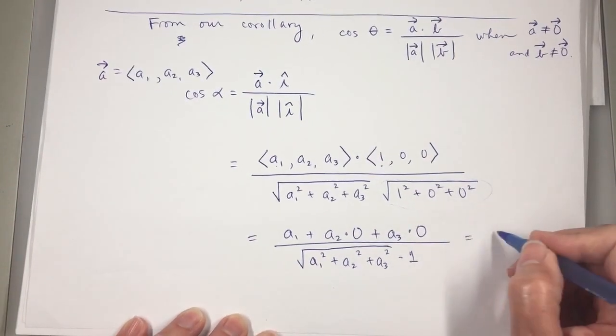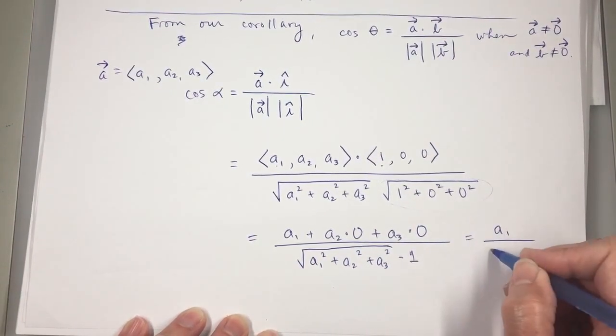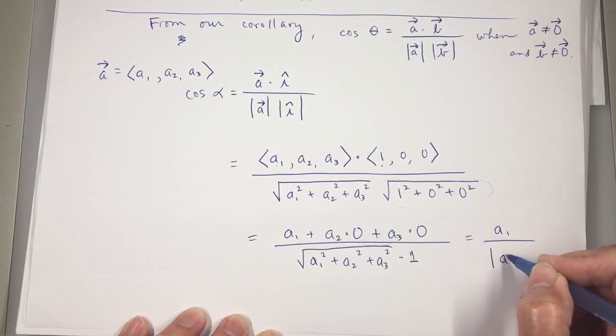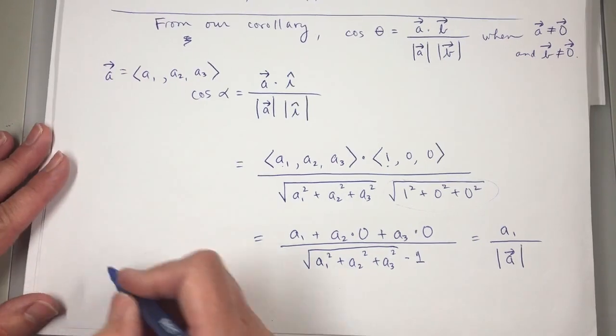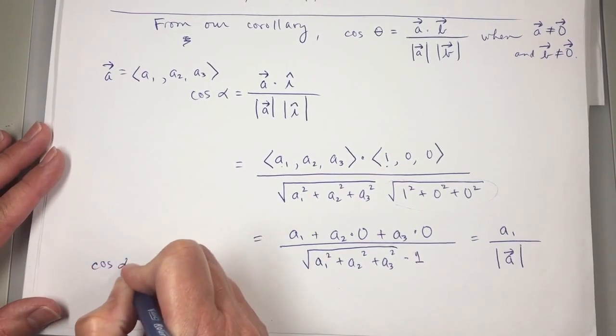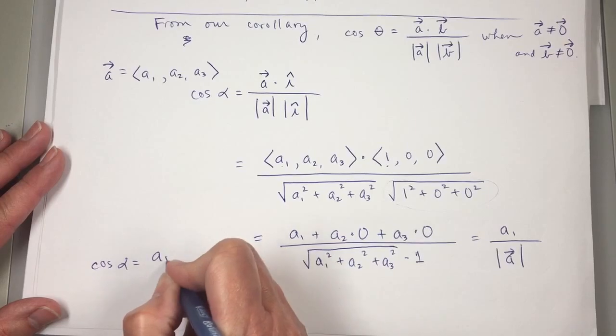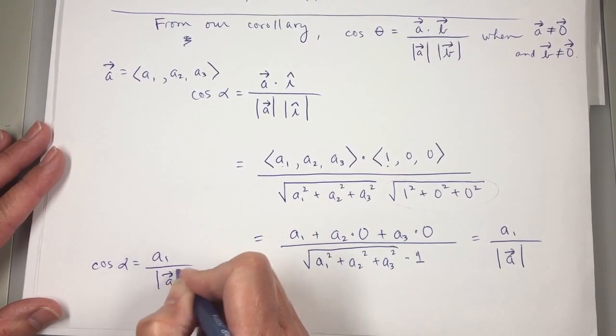So this is A1 over the magnitude of vector A. It is a unit vector. All right, so that is cosine of alpha: A1 over the magnitude of A.